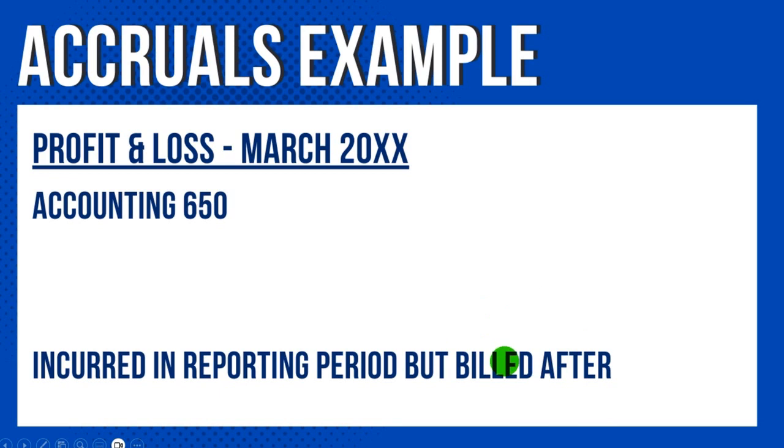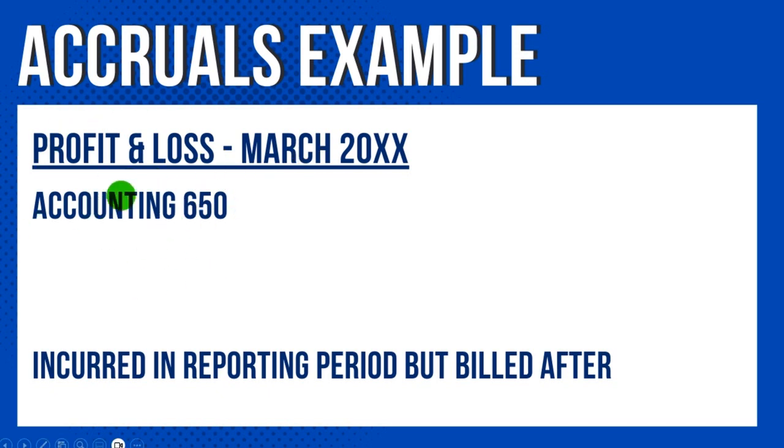It could be payments from the bank account. Other accruals could be things like subcontractor costs. A subcontractor may provide a service in March 20 whatever, but send you the invoice in April 20 whatever, the month following. So the invoice date doesn't actually match the month or the period that the expense was incurred.